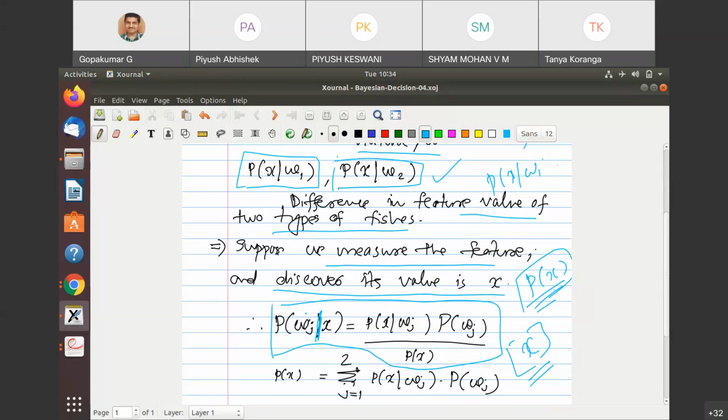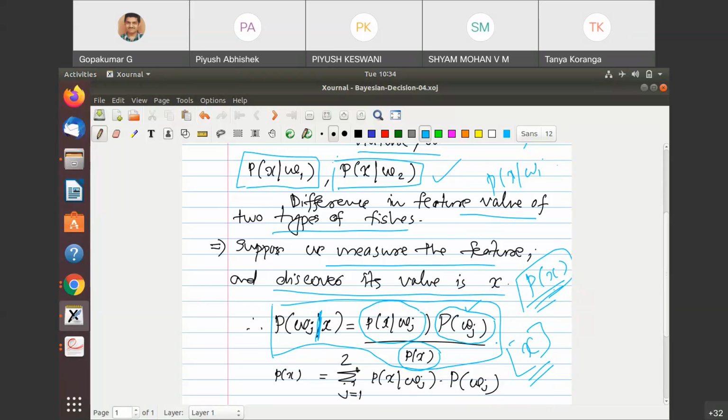We have to find the probability for each of them, which, according to the Bayesian probability, is the probability of x given wj, the class conditional probability, times the probability of wj, the prior probability, divided by the probability of x. The probability of x is the evidence, that is, the probability that a particular feature vector will exist.